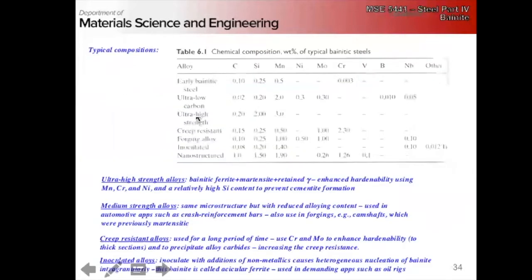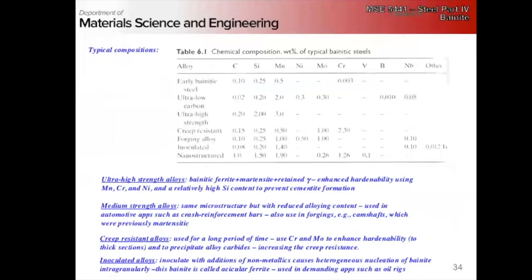And sort of compositions, right? So as we go up for each of those different classes, what the alloy compositions look like, right? And so you can think about the main categories of these.